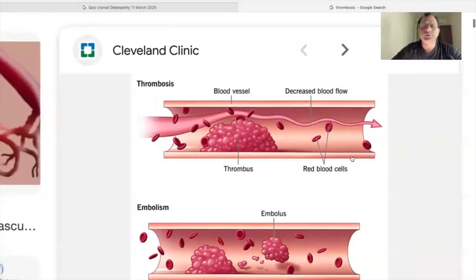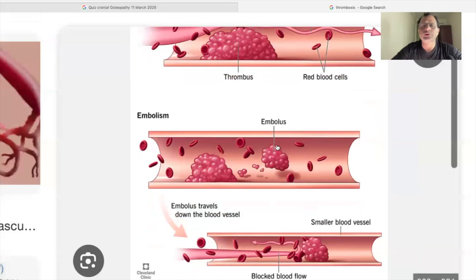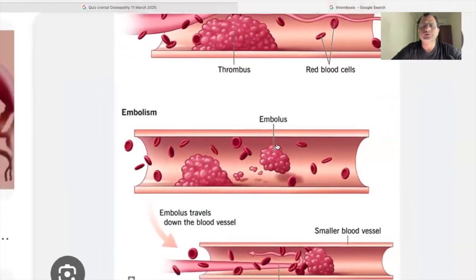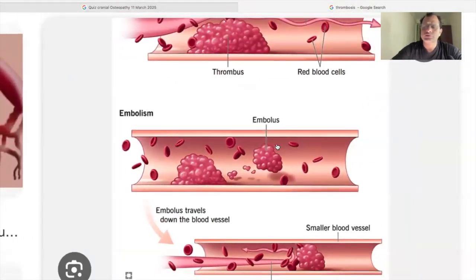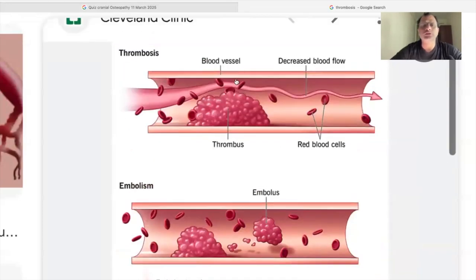We can see these floating parts are called embolus. So what is embolus? It's a floating part. First, the blood cells collected, and now some part of it broke off. So embolus means the free floating particle.